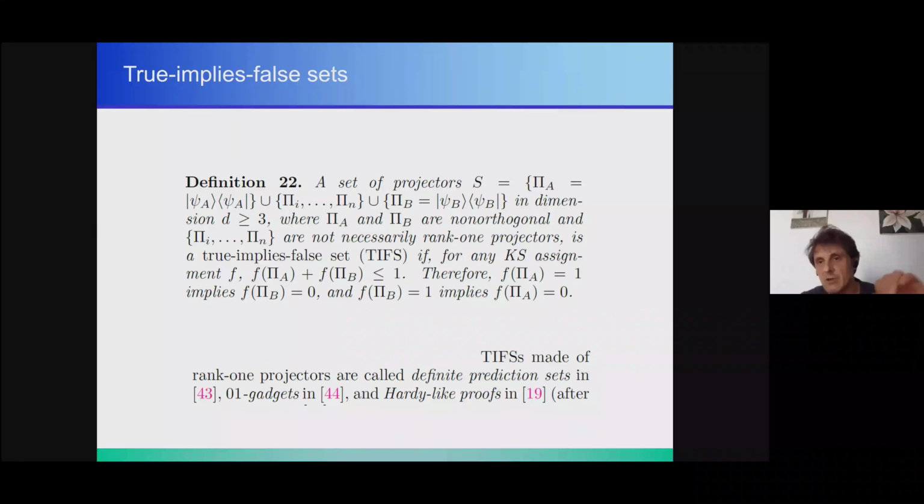In any non-contextuality theory, there's another vector which has to have the opposite assignment. These sets are called differently in the literature: true-implies-false sets, also definite predictions, 0-1 gadgets, or Hardy-like proofs. Probably even more names.